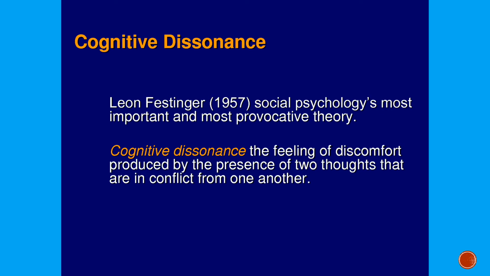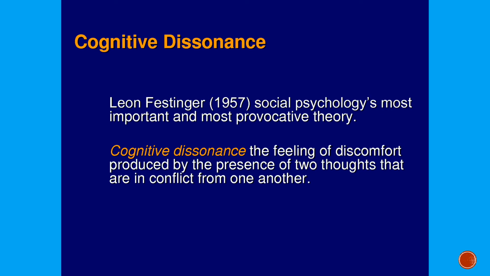It's a feeling of discomfort that we get when we perceive that a couple of our attitudes are in competition or in disagreement with each other, that they're incompatible. Or if we perceive that our behavior and our attitudes are out of sync, that we're behaving in a way that contradicts our attitudes. Any of those situations will produce cognitive dissonance.